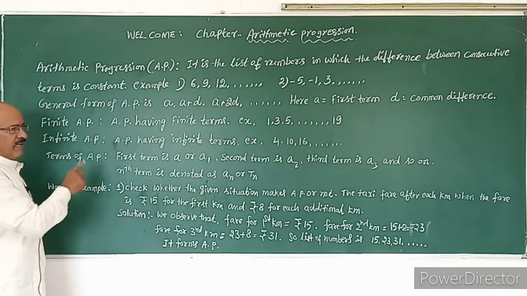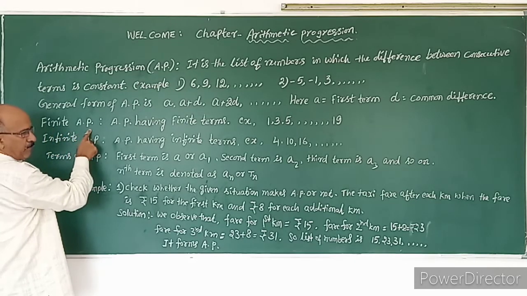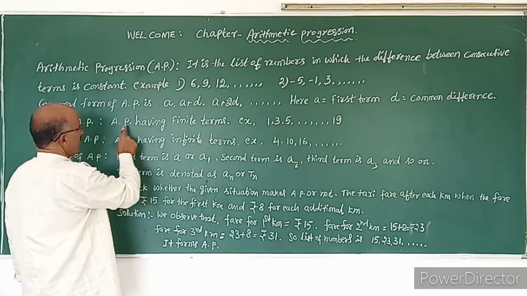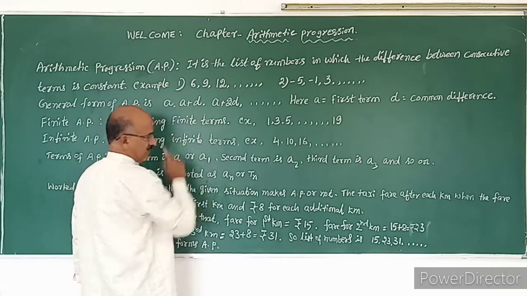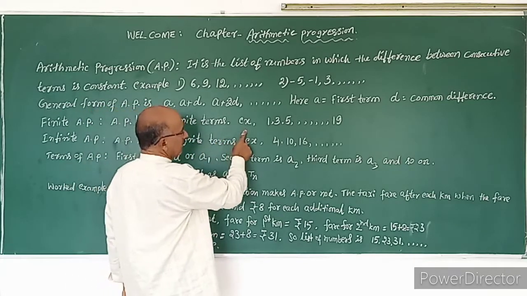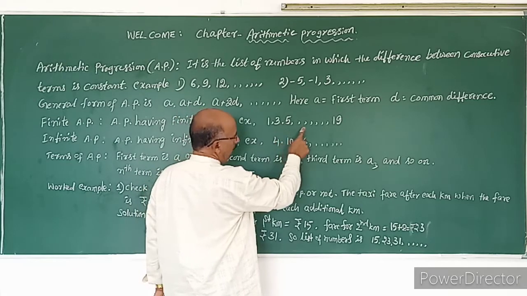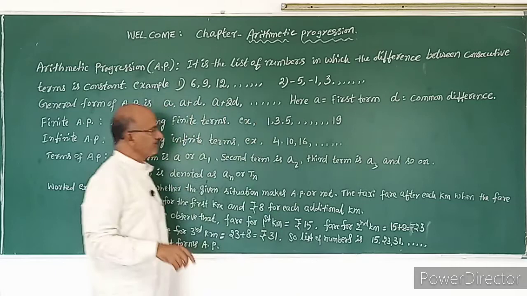In AP we have finite arithmetic progression. Finite arithmetic progression means an AP having finite terms. Example: 1, 3, 5 and so on, and the last term is 19.